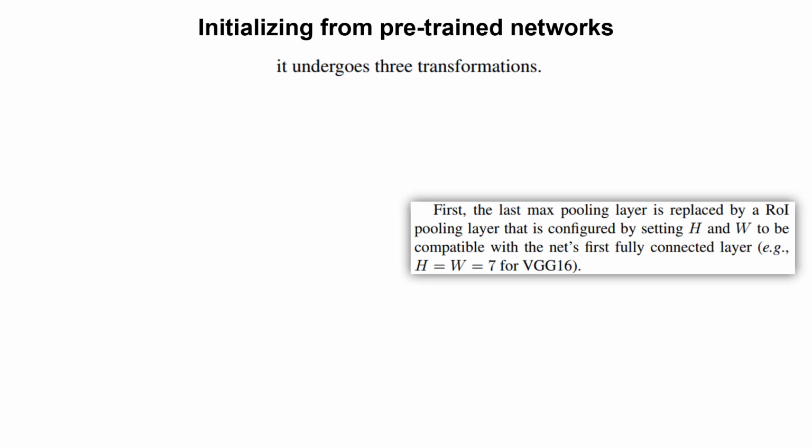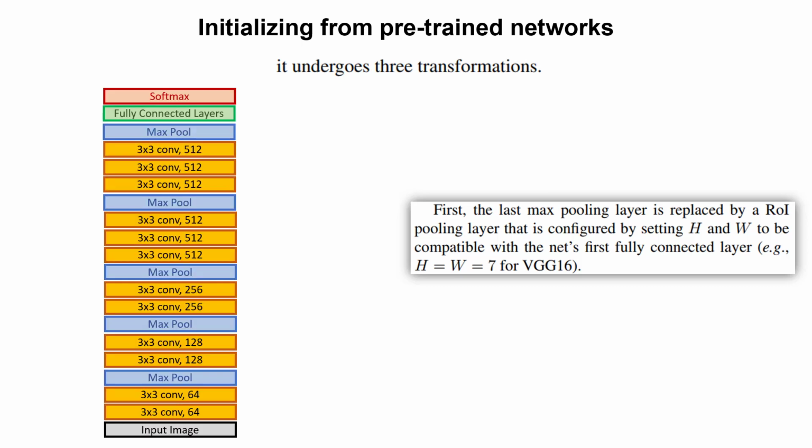They mentioned in the paper that the model undergoes 3 transformations, which we already saw in the video. The first transformation is that max pooling is replaced with RoI pooling. Based on what we should already know, VGG-16 has this architecture. As can be seen, at the top of the network there is a max pooling layer before the fully connected layers.